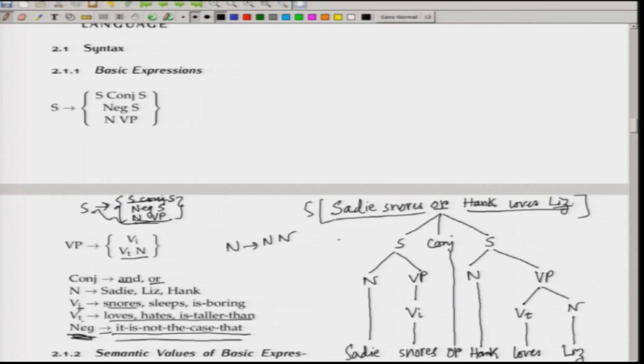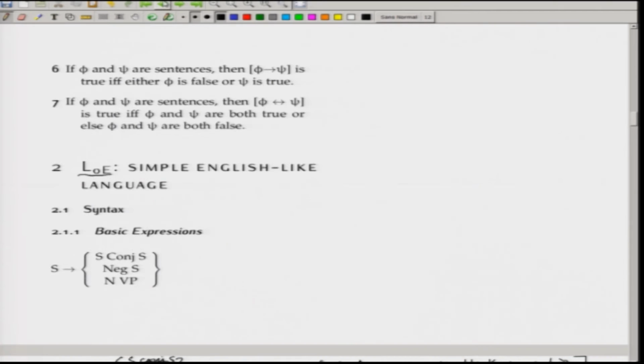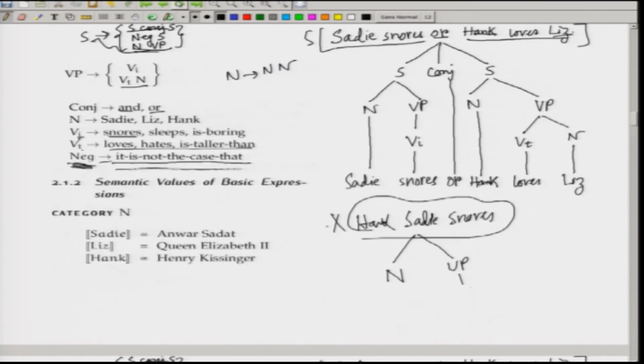So, similarly, if we try to make sentences, we will see that it is not possible for us to make wrong sentences by using this thing. Okay. So, we can see that whatever sentence we can make will be a perfect sentence.